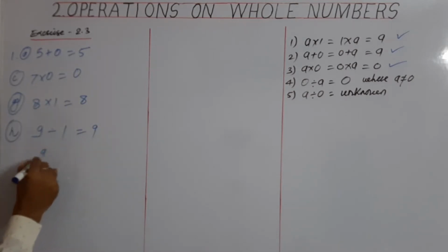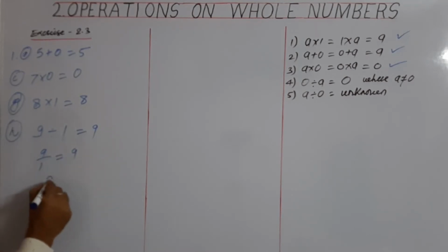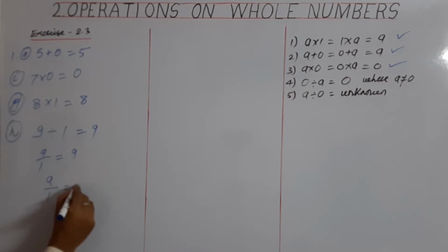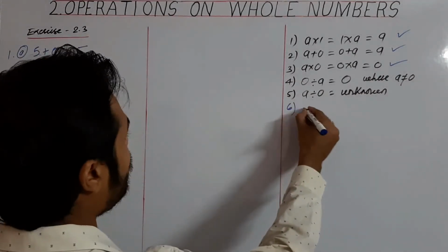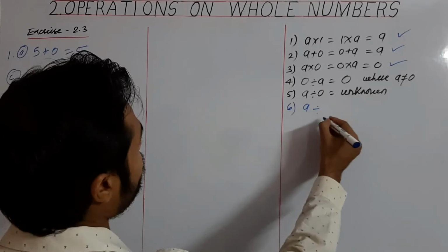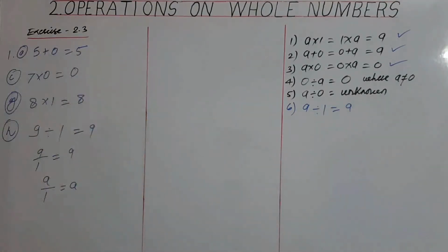Here we know that 9 divided by 1 is the same number 9, or we can write any number divided by 1 is the number itself. So we will add one more property, that is a divided by 1 is the number itself.